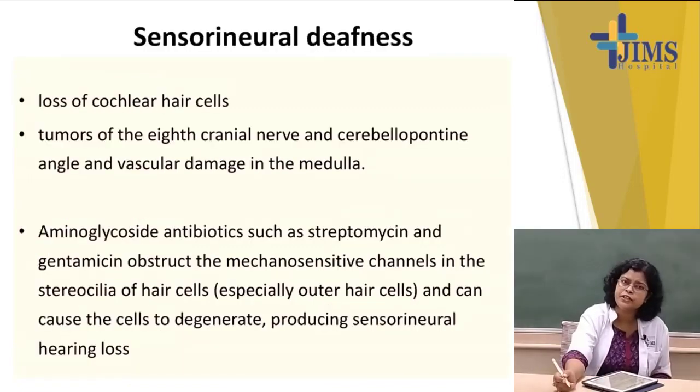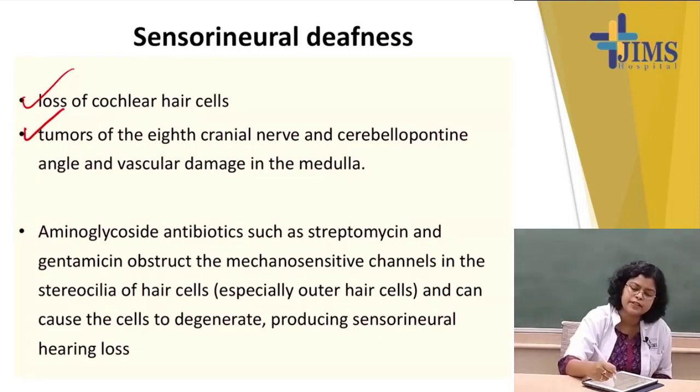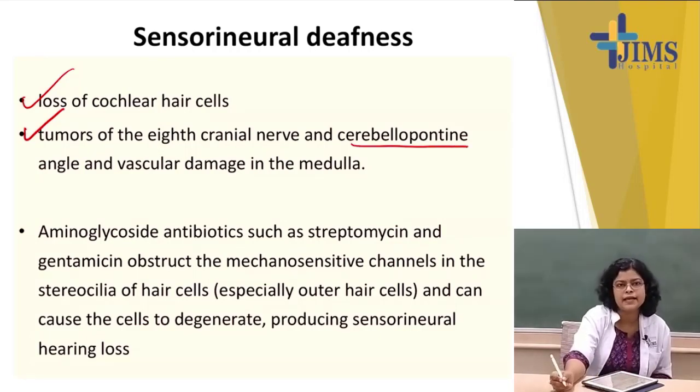Now sensory neural deafness. I told you that the problem lies either in the sensory hair cells or in the nerve pathway. First, there may be cochlear hair cell damage or loss of cochlear hair cells. Second, there may be a tumor in the 8th cranial nerve, a CP angle tumor, cerebellopontine angle tumor, which also leads to sensory neural deafness.